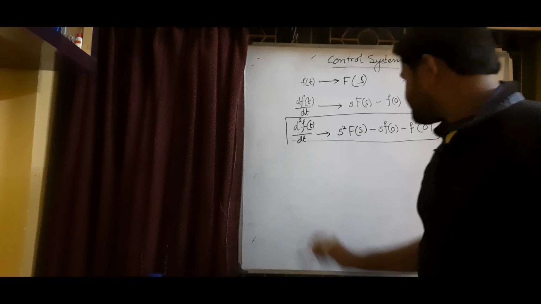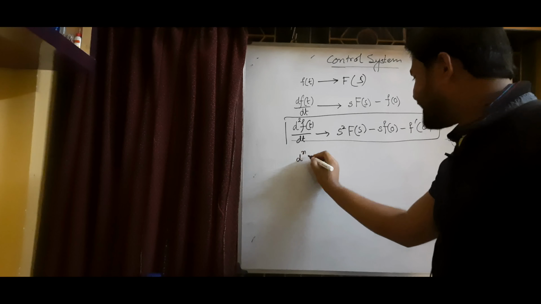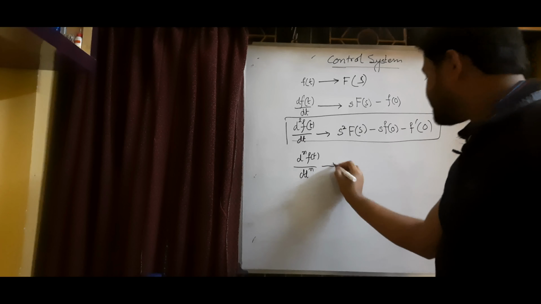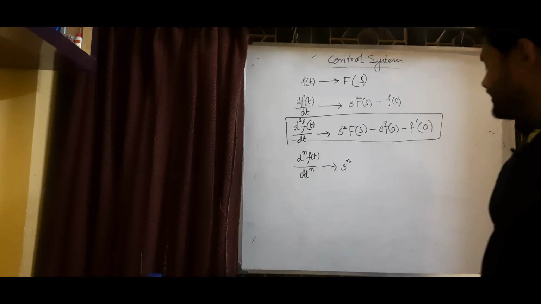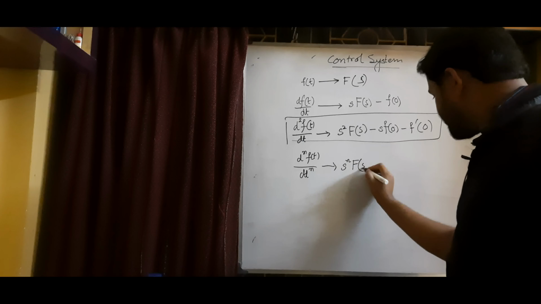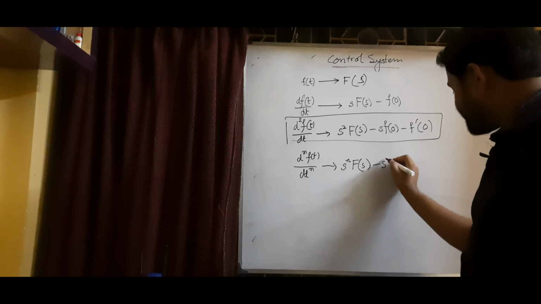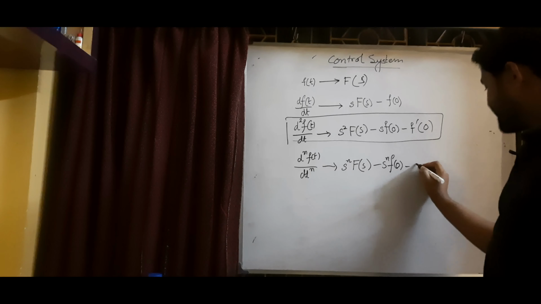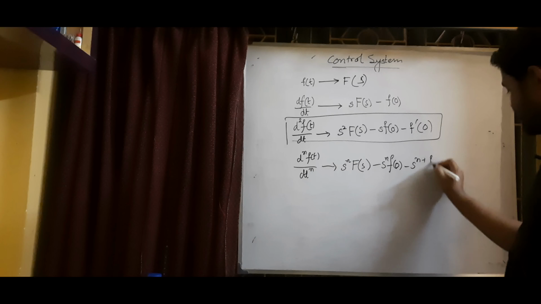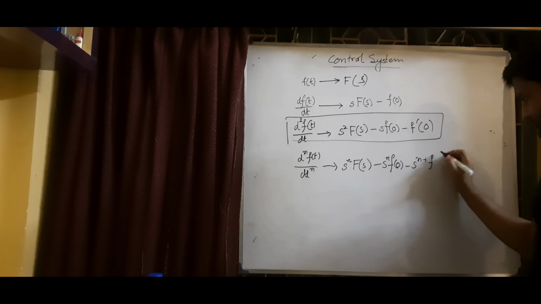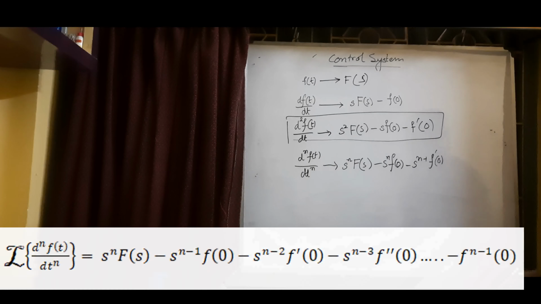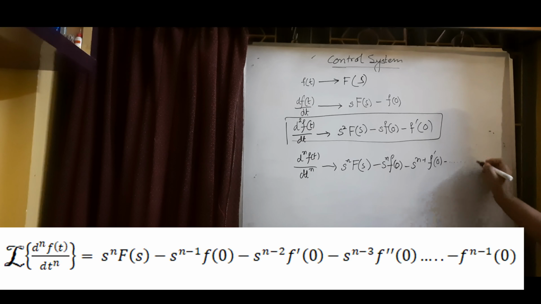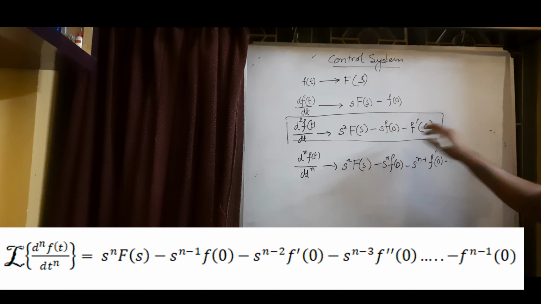And obviously if it is d^n f(t), that is nth differentiation of f(t), that will result in s to the power n F(s) minus s to the power n minus 1 f(0) minus s to the power n minus 2 f dash of 0, up to s to the power 0, that means 1.